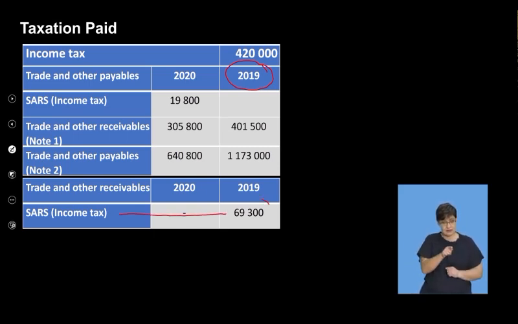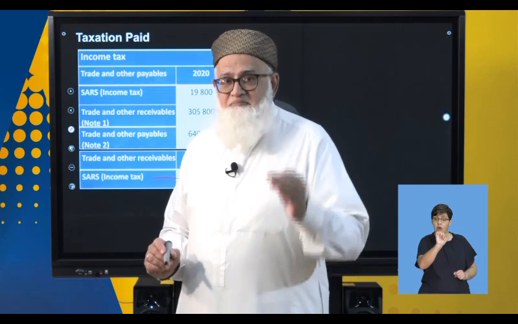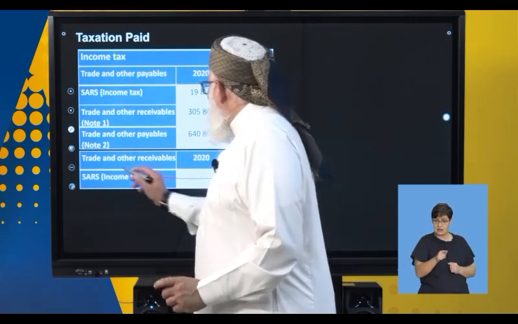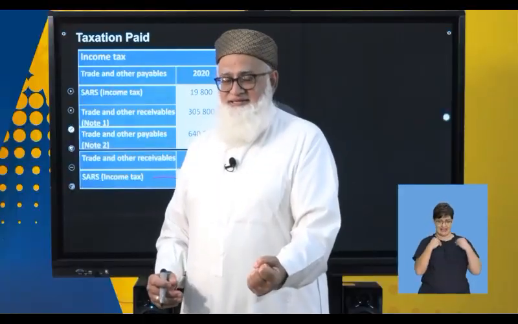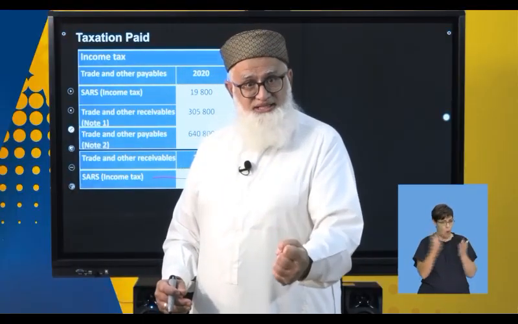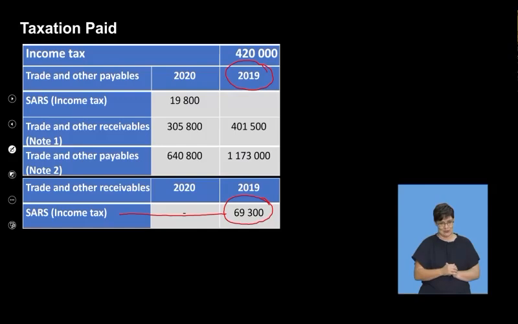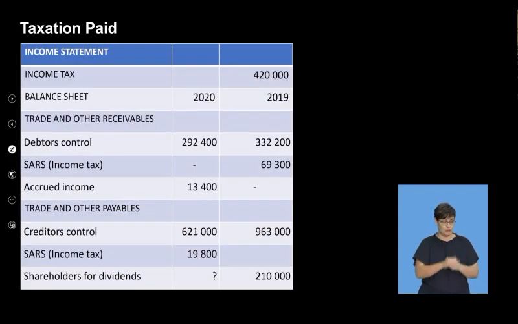You can clearly see that in 2019, your SARS income tax had a debit balance. So obviously, it's appearing under trade and other receivables, meaning it's an asset. But is it always like that? No. Let me illustrate.